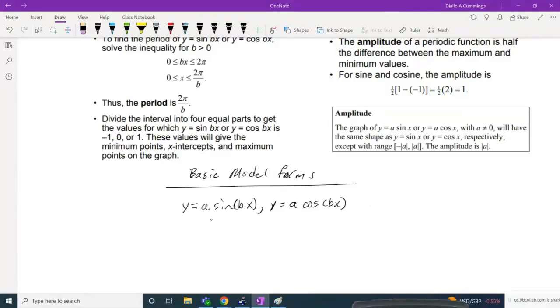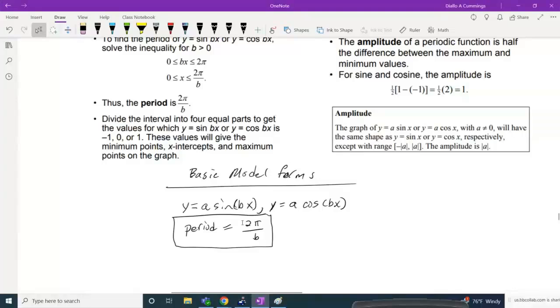I'll just stick with sine and cosine since we're in this section. If you're looking at these two model forms, the period is going to equal 2 pi over b. So to find the period, or the amount of time it takes to make one complete revolution, you're going to take 2 pi, which is given, and then divide it by the coefficient of your variable x.